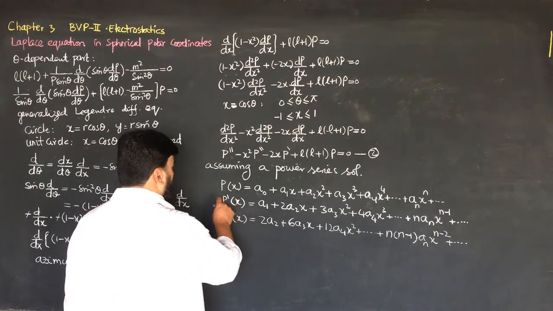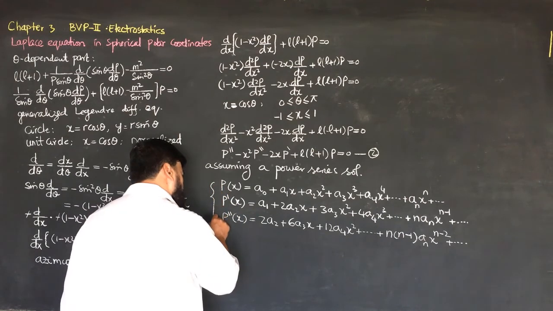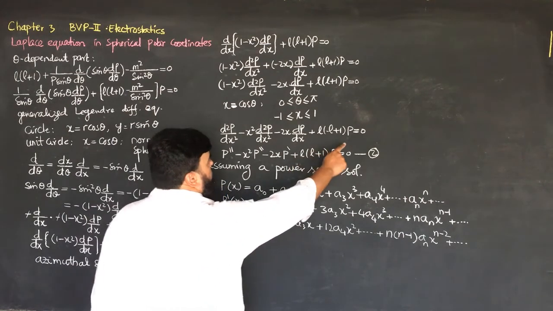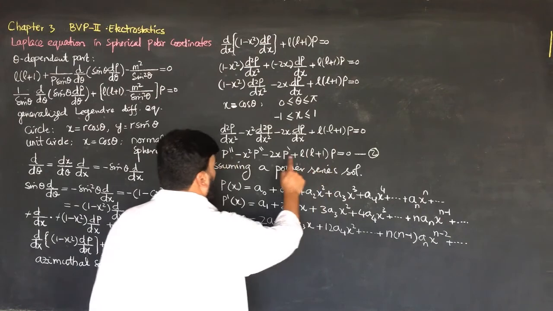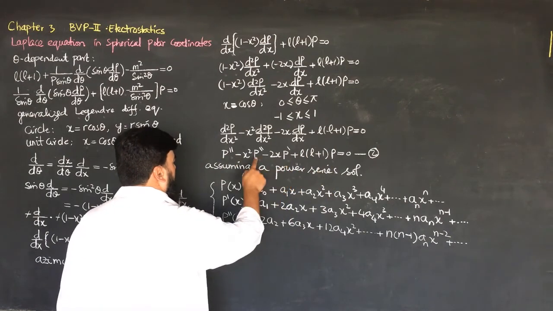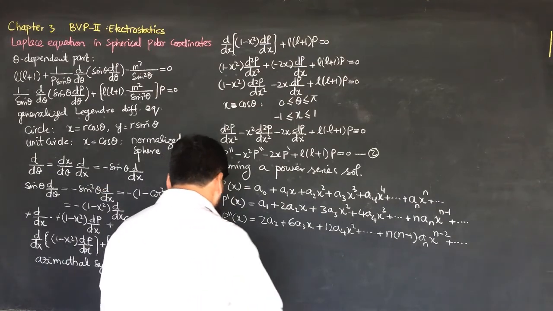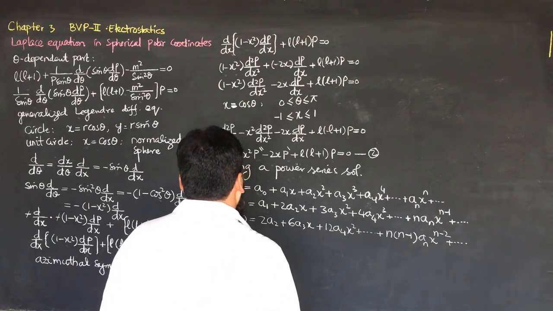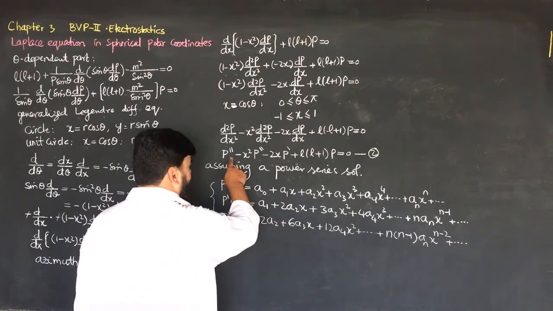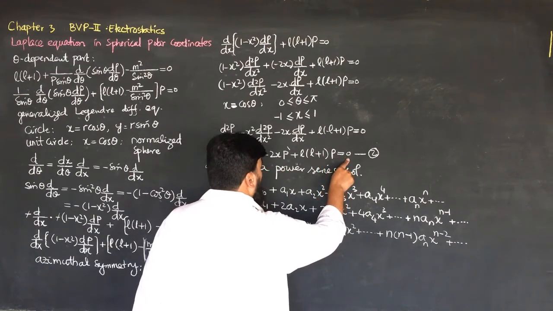Now we will have to put all this in. For p we will put here, for p prime we will put here, and p double prime we will put in this equation, and we will say that this is equal to 0.